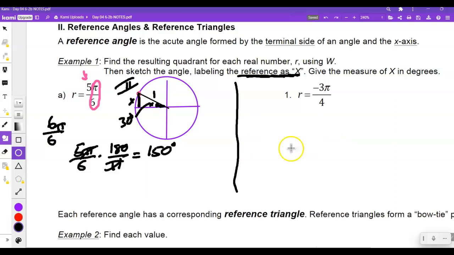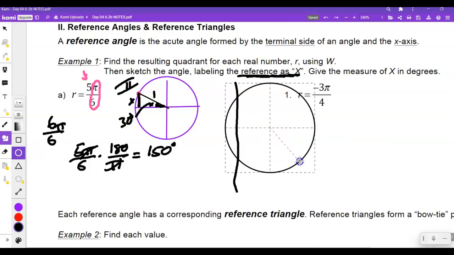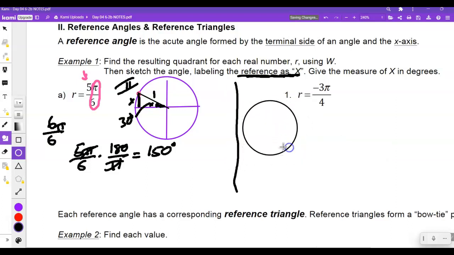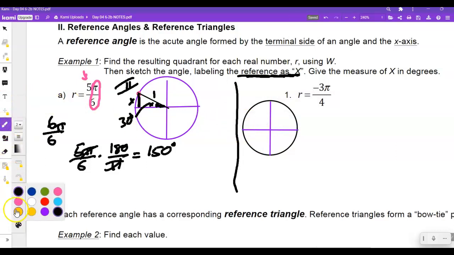Why is this not working? Come on, give me a circle. There we go. Cool. Look at your unit circle. You tell me. Anytime it's over 4, what's the reference angle? With confidence, what is it?